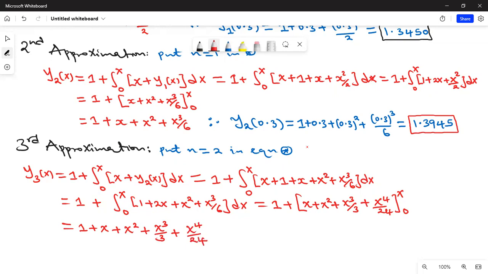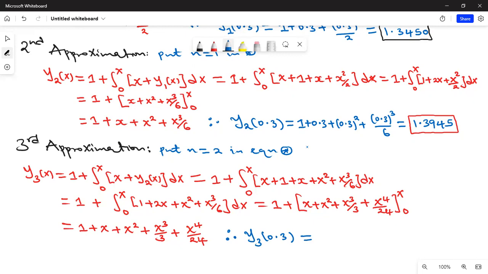Now we want the value of the third approximation when x is 0.3. So you say therefore y3 when x is 0.3, you can substitute the value of x there. I don't need to write everything.